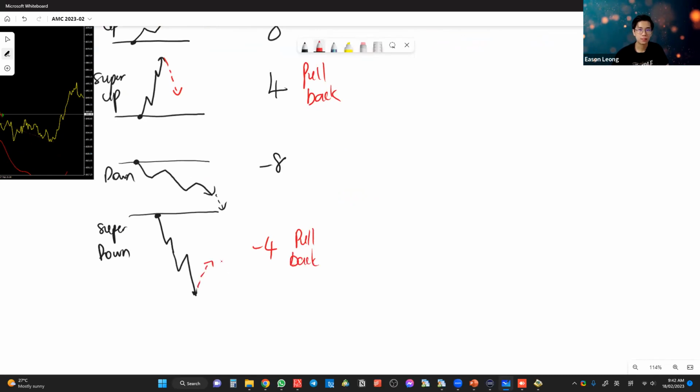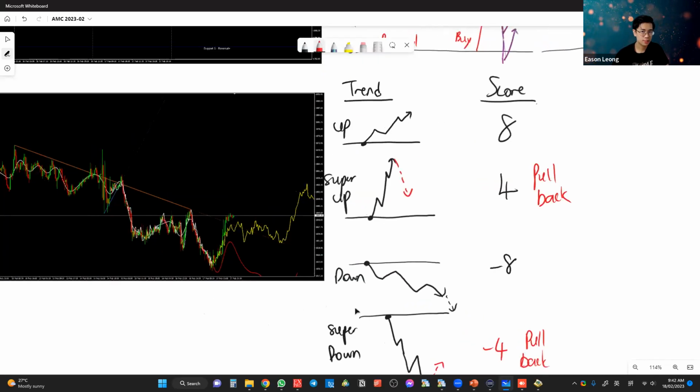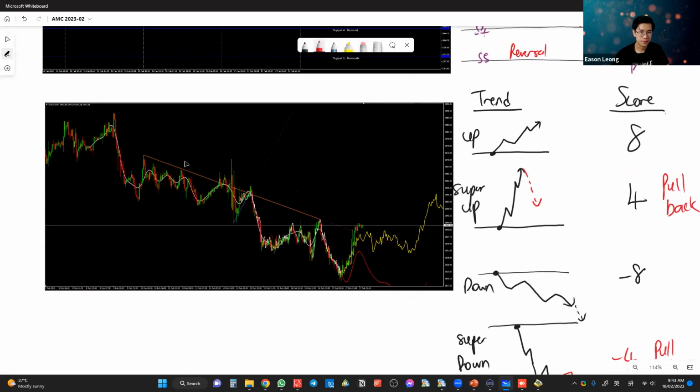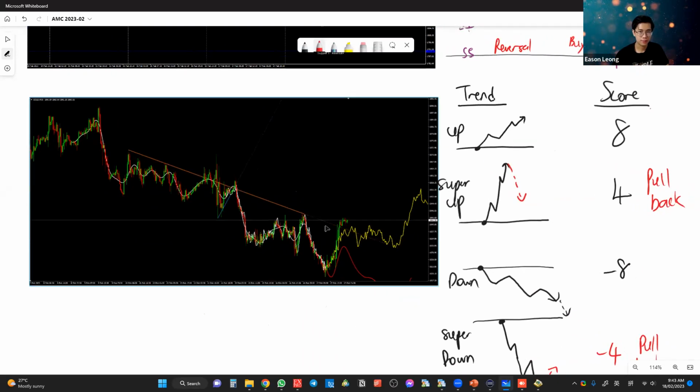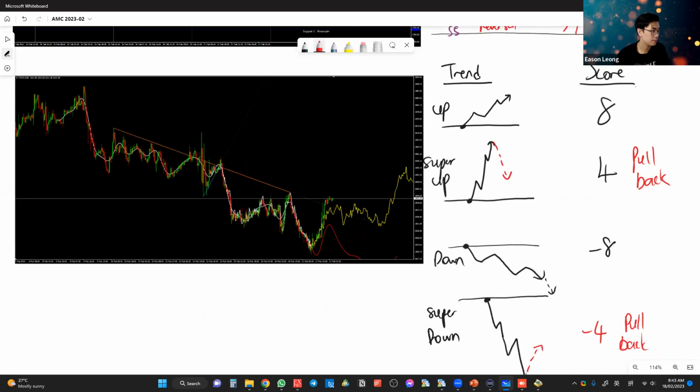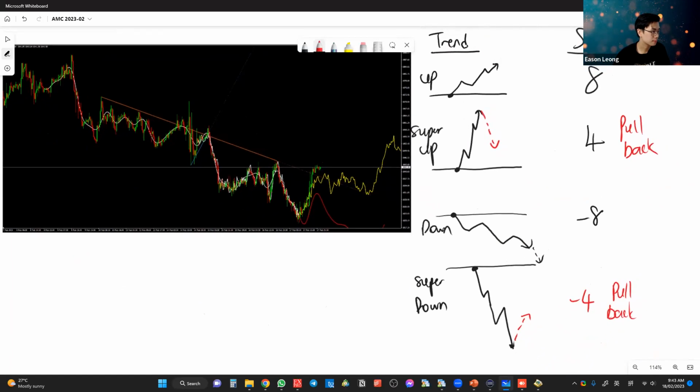So over here, what you can see is that the gold market is like this. We look at the line, you can see the price movement. It is a downtrend. But how much will you score for this downtrend? Type in the chat box, let me know. How much should this market score for a downtrend?